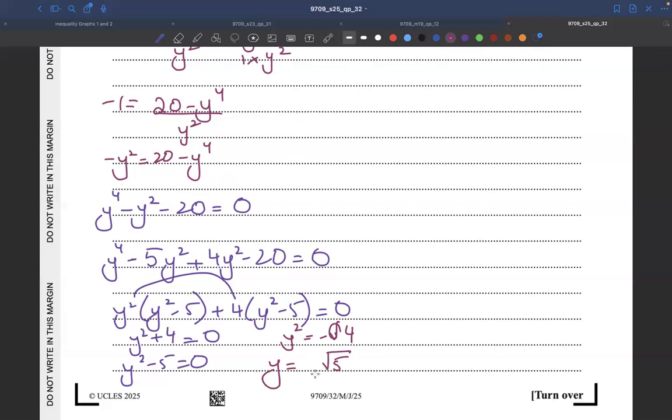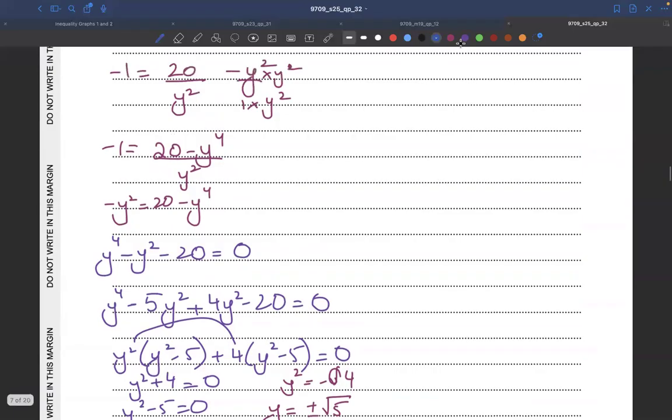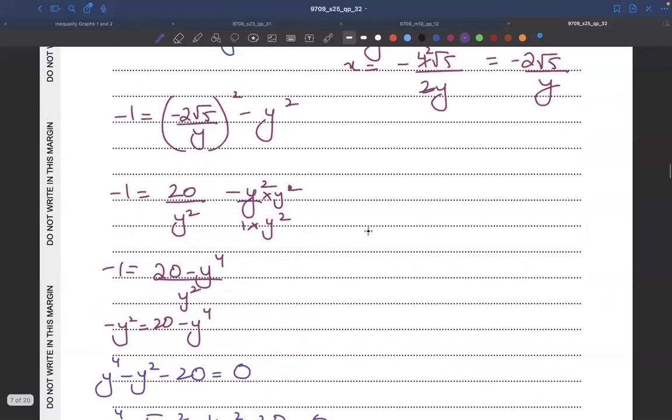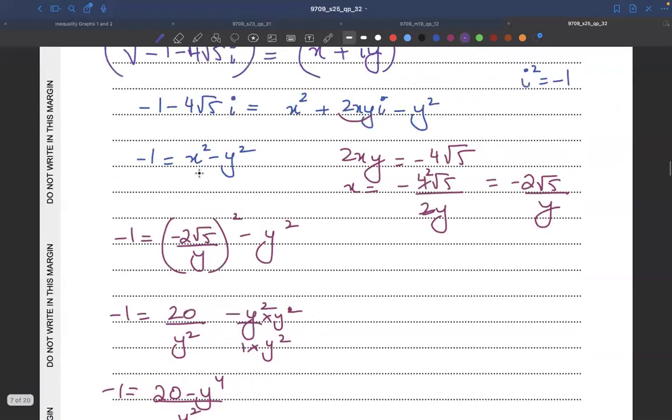And when we take the square root, we can give both the positive and negative values. We can even keep it as root 5. So now we know that 2xy is equal to -4 root 5.